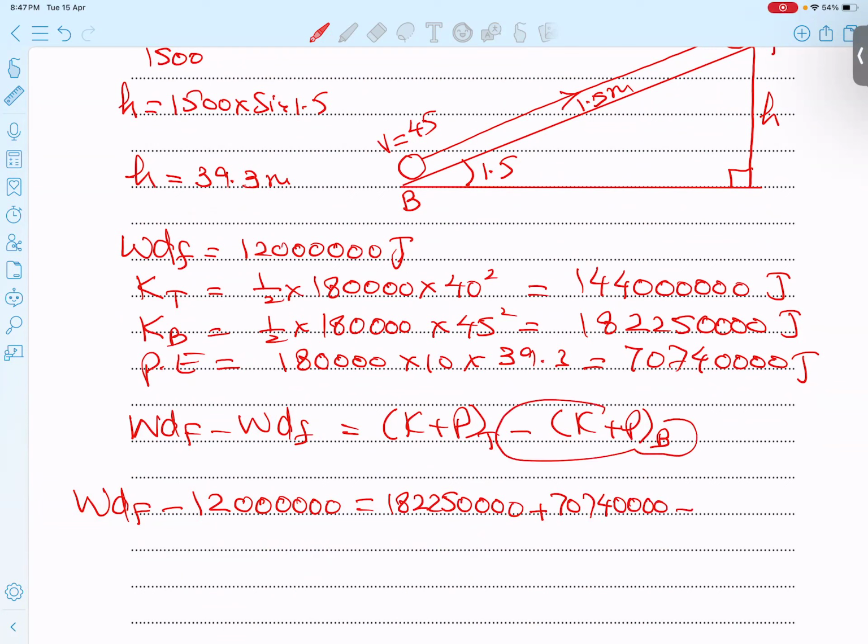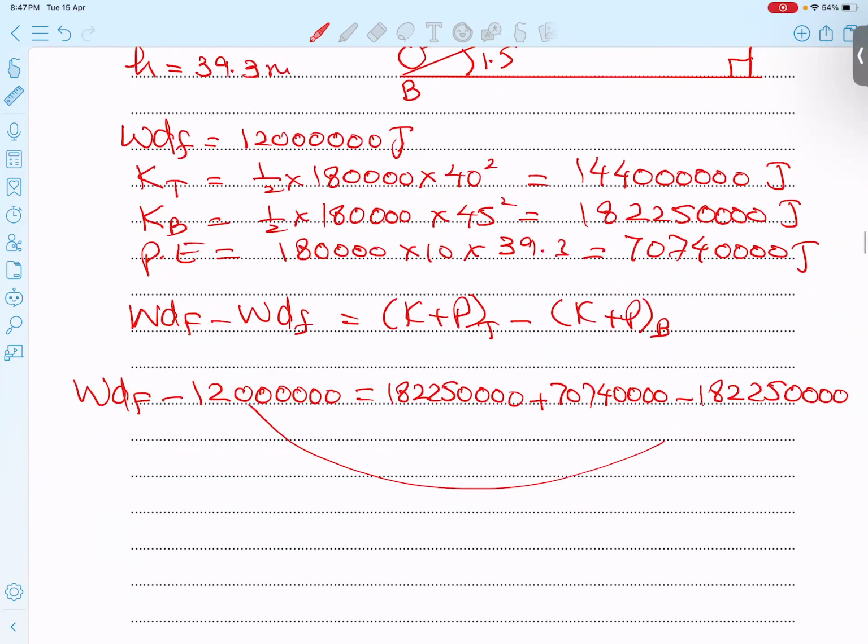And the kinetic energy at the bottom is this, 18225 and 4 zeros, and this is zero, so I'm not writing it at all. Now this will come to this side and I will get my answer.